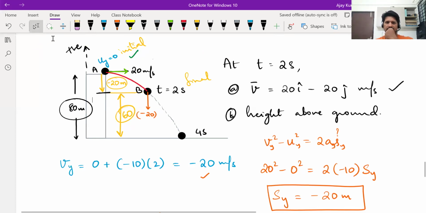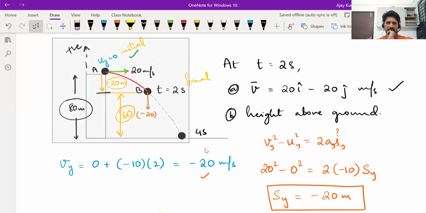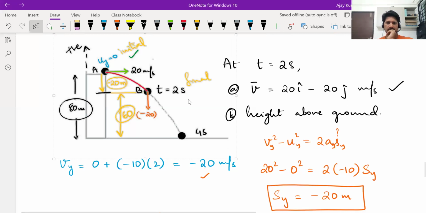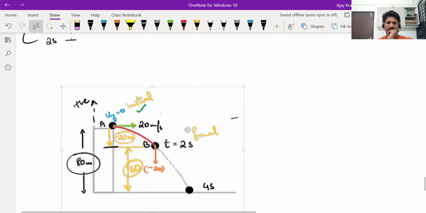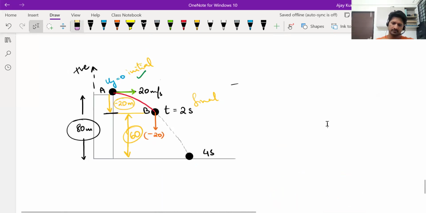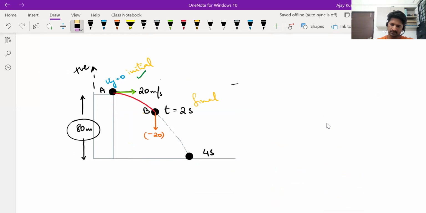Okay. One last question based on this case. There are a lot of things we found out. And remember how we are approaching the questions.